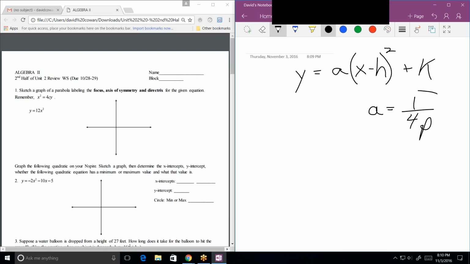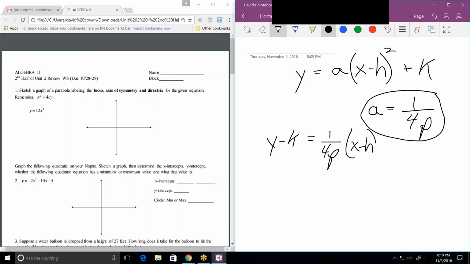But what this now becomes is, if I move the k to the other side, y minus k equals 1 over 4p times (x minus h) quantity squared. Now I'm going to multiply 4p by everything, and this becomes the standard format for a parabola, a conic section parabola.